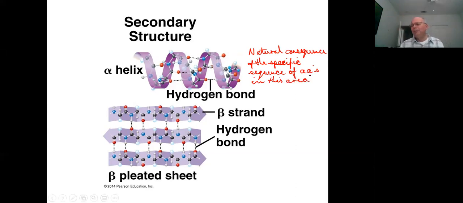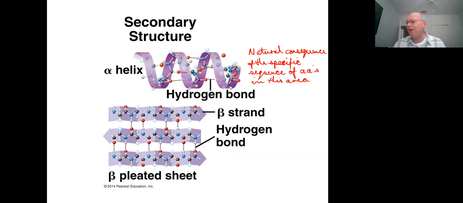So in the case of the beta pleated sheet and the alpha helix, it's the same idea. It's because you've got this particular sequence of amino acids in this particular region that it naturally folds into the alpha helix, or it will form the beta pleated sheet.